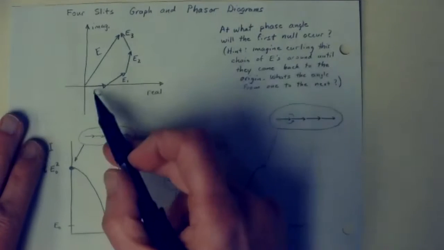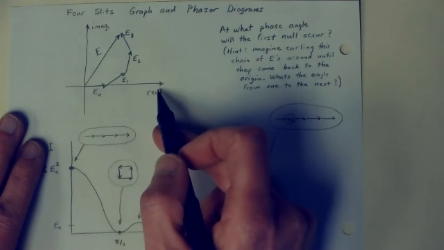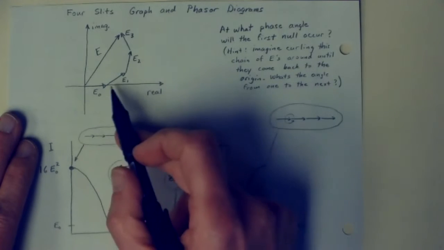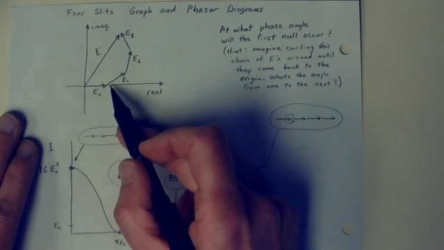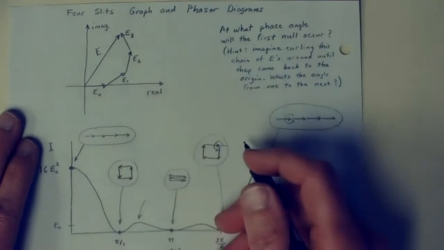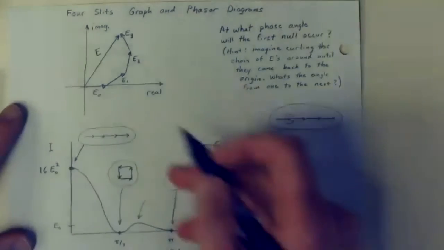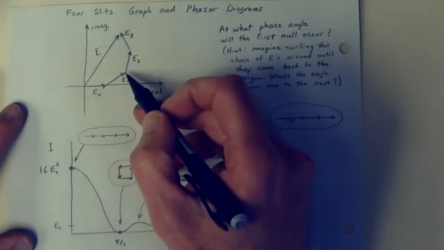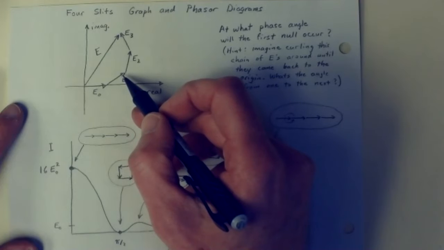So if we just arbitrarily set E0 to be real, right on the real axis, then the next contribution, E1, has the same magnitude. It's the same length vector. Its slit is producing the same intensity, same electric field magnitude, but there's a phase shift, and that comes through as just an angle shift in this diagram.